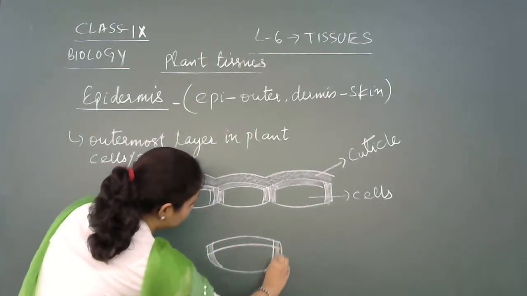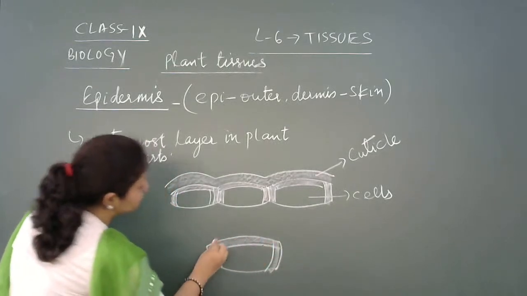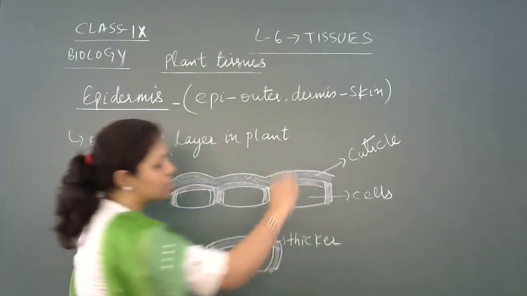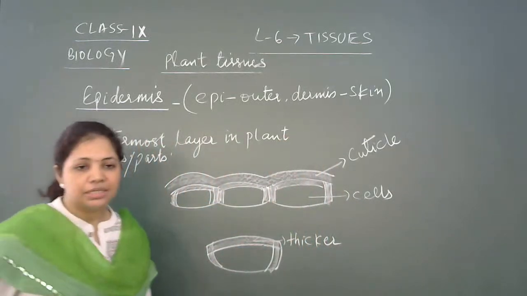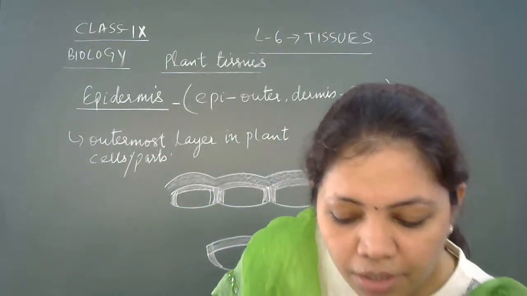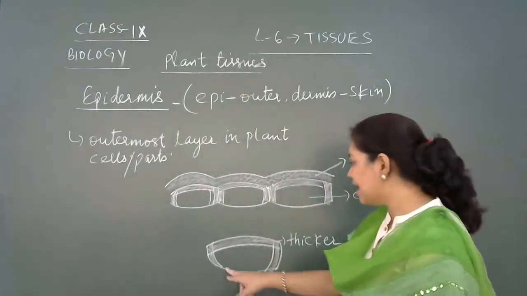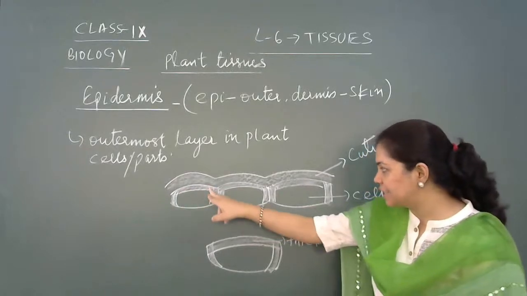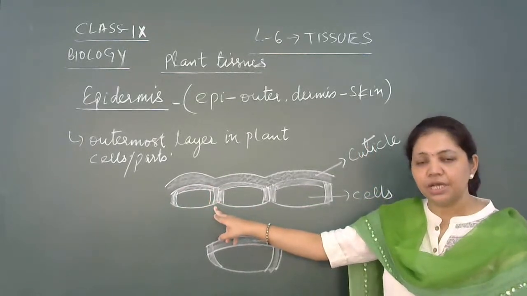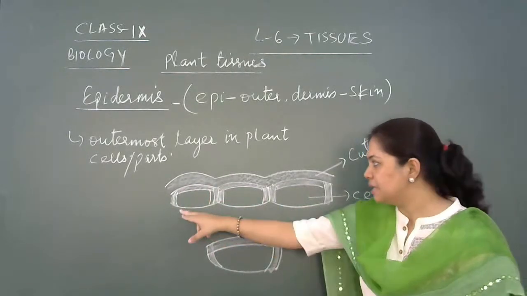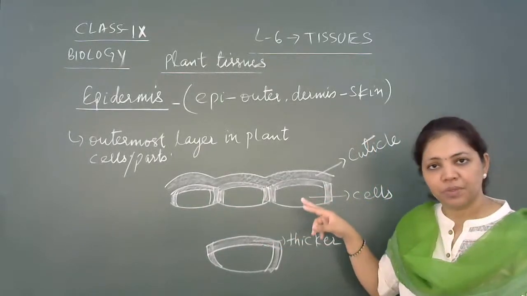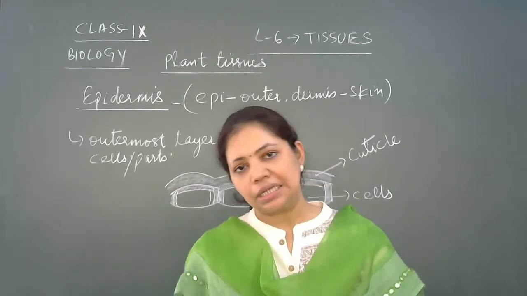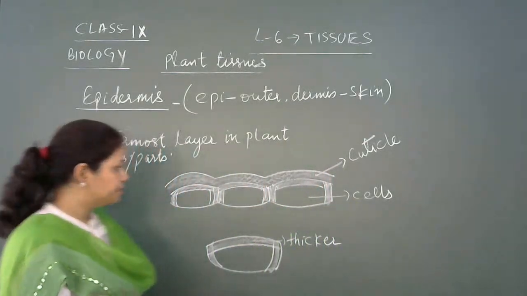Okay, so these lateral sides and this outer side are more thick, as compared to the inner sides. जो बाहर की साइड है और जो लेटरल साइड्स है एपिडर्मल सेल्स की वो बहुत ज्यादा थिक होती है इनर साइड्स के कंपैरिजन, राइट? That is one of the identifying features which we use in certain cases for epidermis, right?